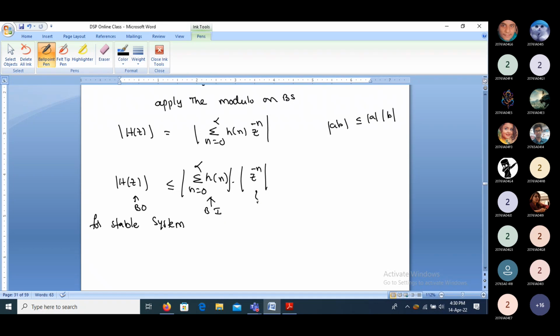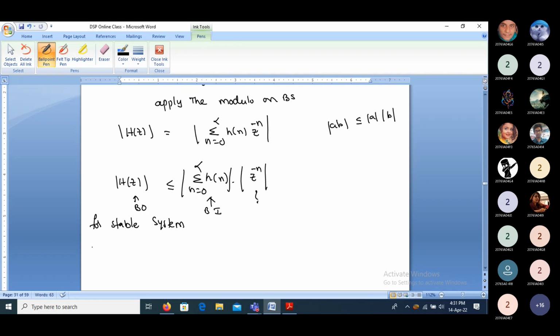When the system is said to be stable, it means that mod z power minus 1 is always equal to 1 only. If it is always equal to 1, automatically the system produces the bounded output for a given bounded input, so that the system is said to be a stable system.